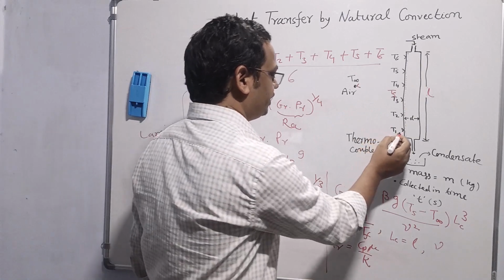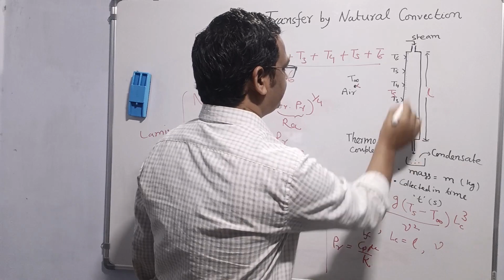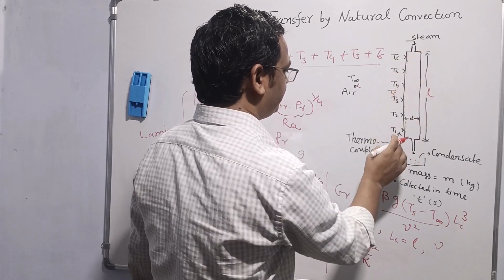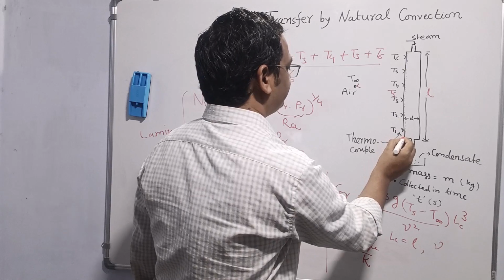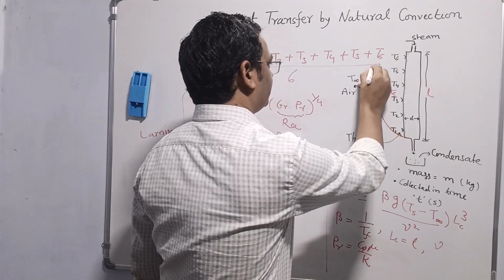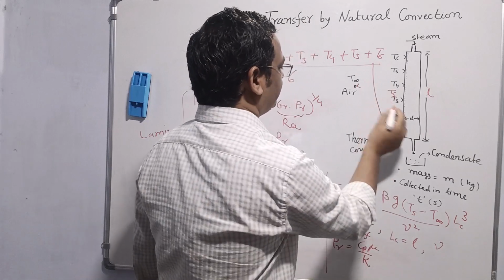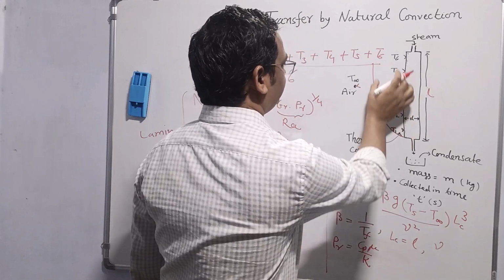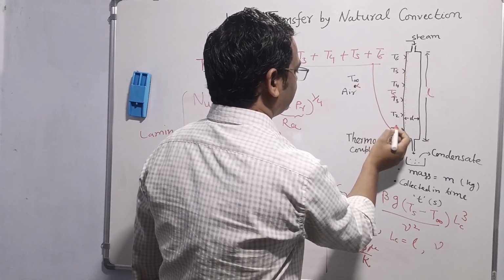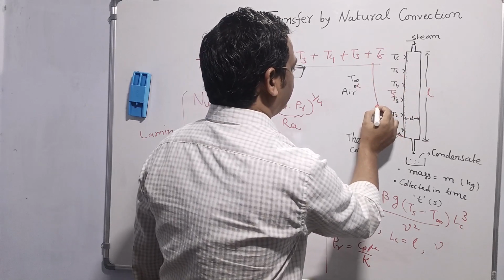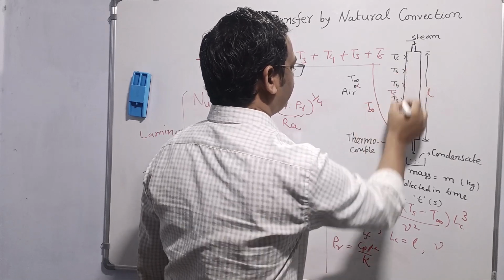What is the film temperature, Tf? We can draw the profile. In case of vertical plate or cylinder, we see the profile this way. I am not going into detail. So thickness of the boundary layer increases when we go up, and outside temperature is T infinity everywhere, surface temperature is Ts.